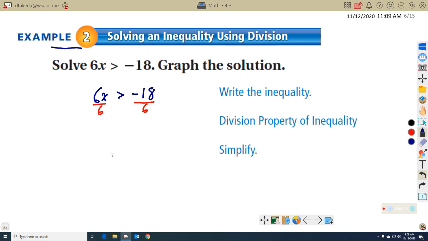So 6 divided by 6 is a 1, that's 1x. And negative 18 divided by 6 is negative 3, so x is greater than negative 3. And again, because we're dividing both sides by the same positive 6, I don't have to do anything different. I can treat this just like it was an equation.